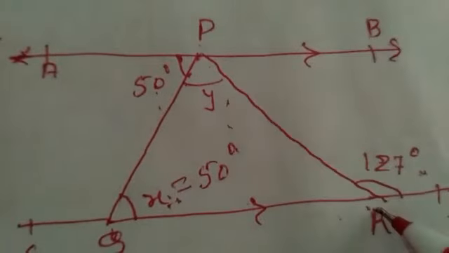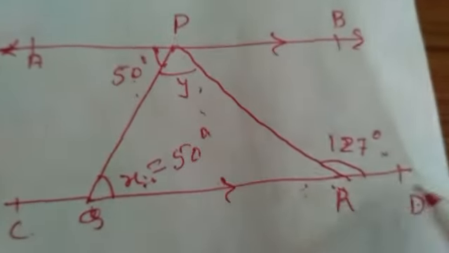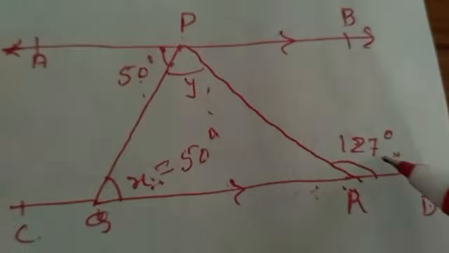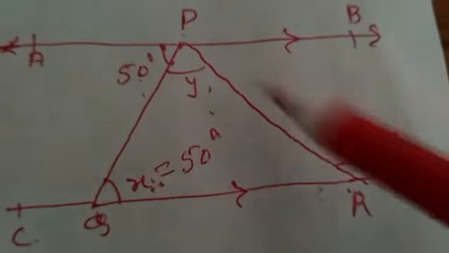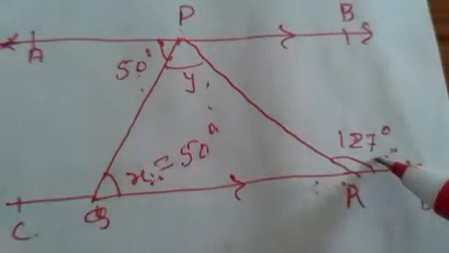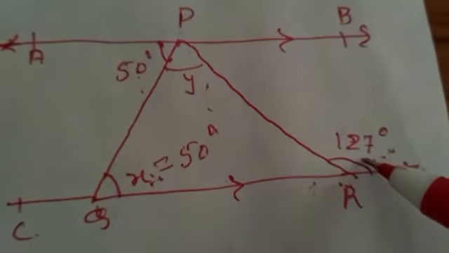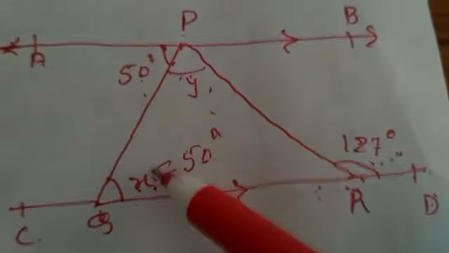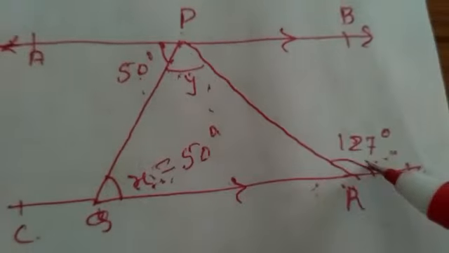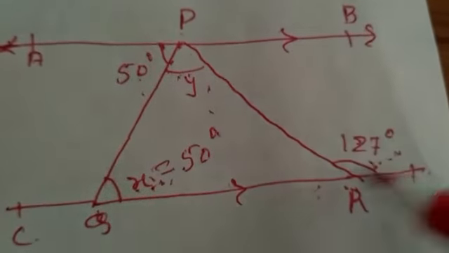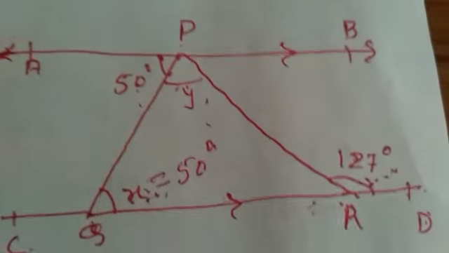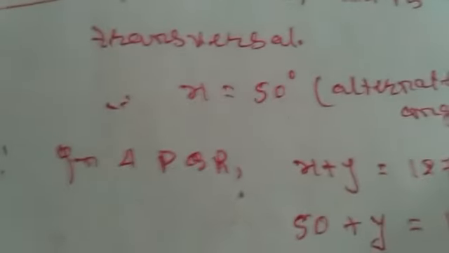In triangle PQR, side QR is produced to D such that an exterior angle PRD is formed, and we know that the exterior angle of a triangle is equal to the sum of the two opposite interior angles. This is a property. So this is the 127 degree exterior angle and its two opposite interior angles are X and Y.